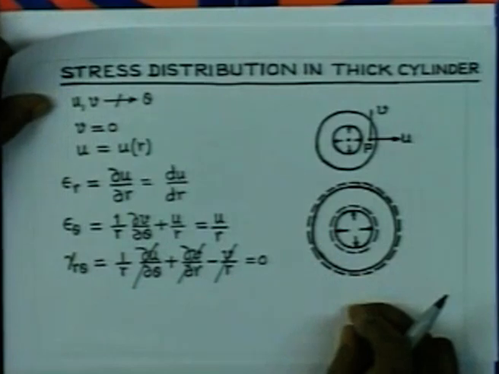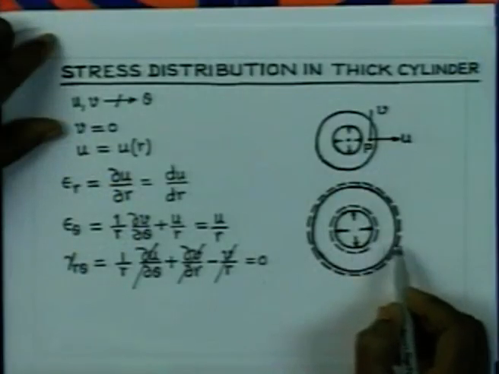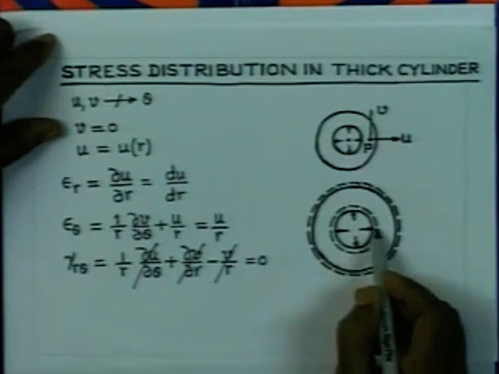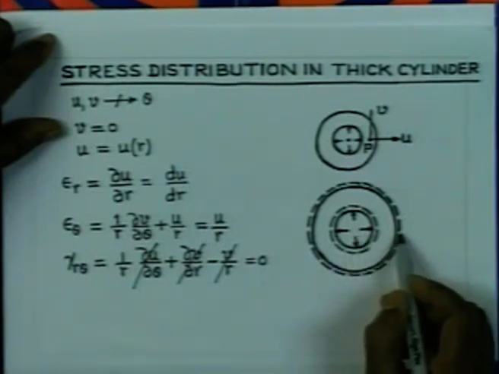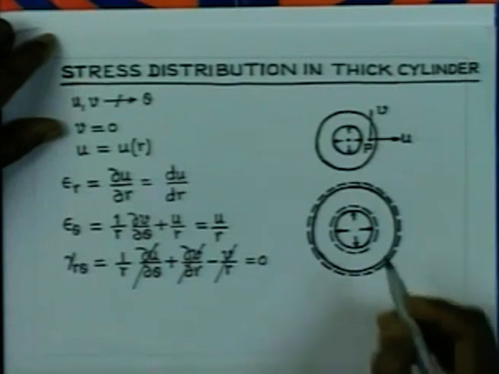So, in this case, the shear strain does not exist; there is no deformation of the cross section. There is another thing you can also see from the physical deformation: as we load the cylinder, let us say this is the internal radius and this is the external radius, as you pressurize it, the internal radius is increasing in size, and so also the external radius, or any radius for that matter, is just increasing in magnitude.